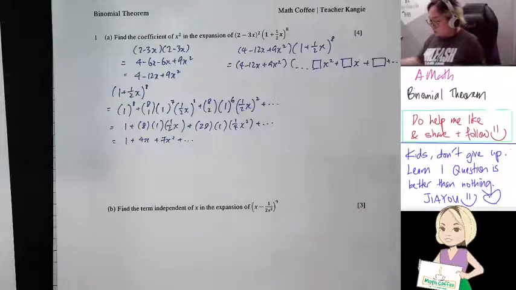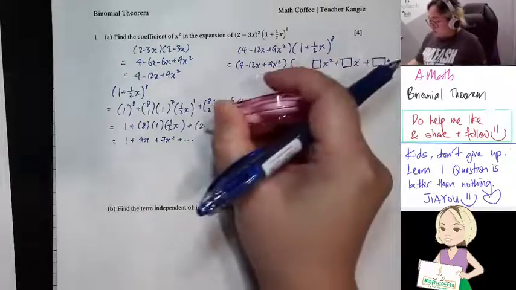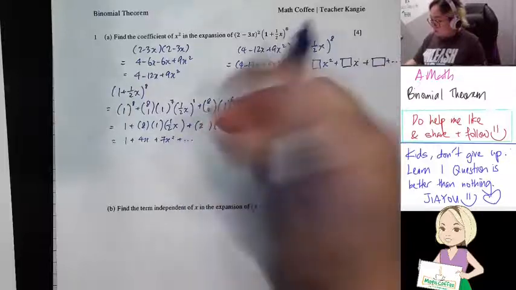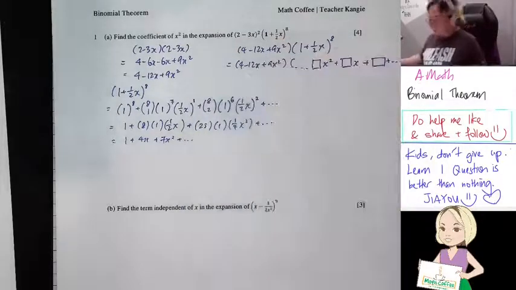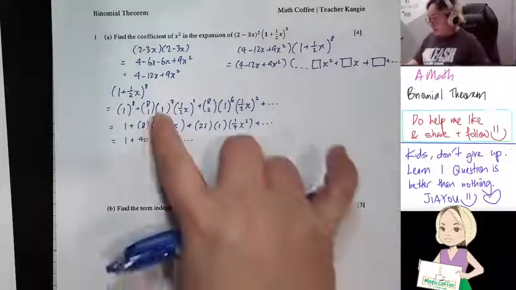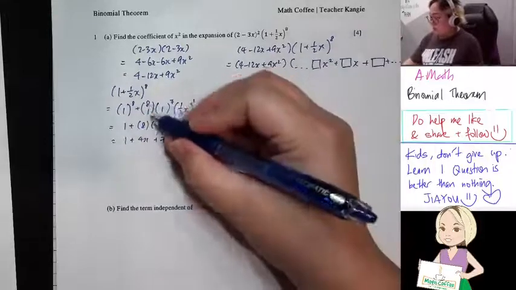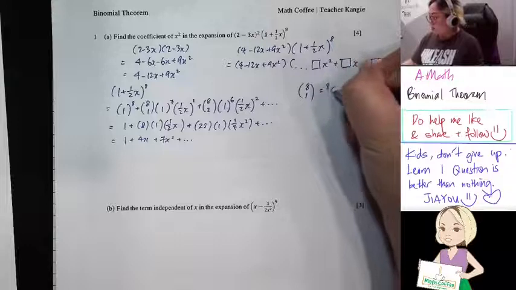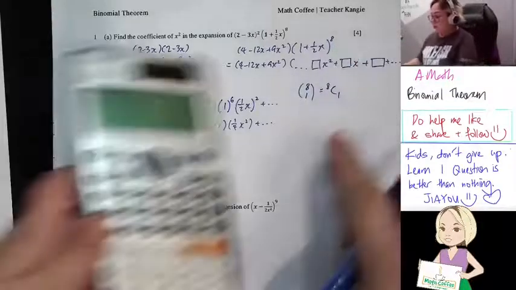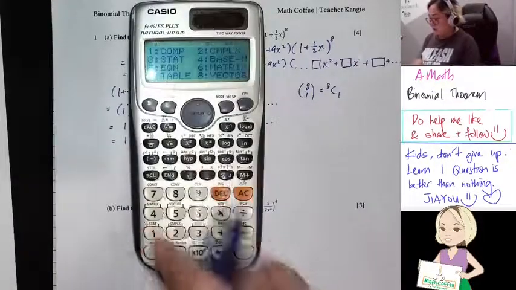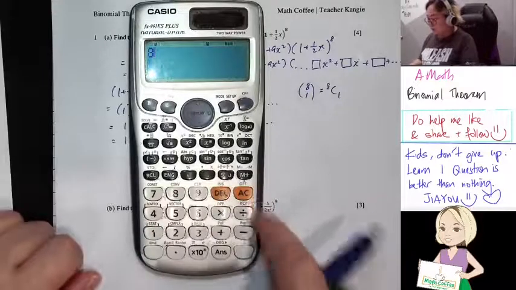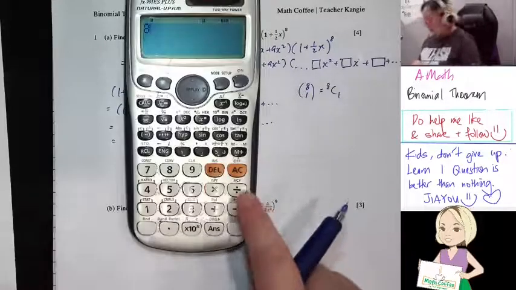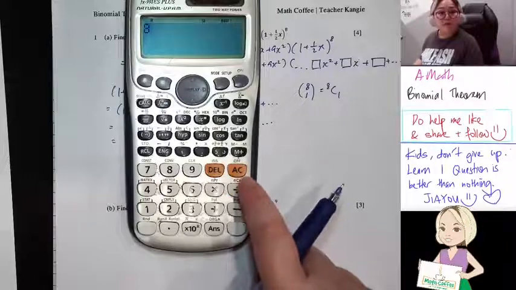8C1 is 8. I write it in this form, but some schools expect you to write in this form. This is pressing the calculator. There is an nCr button.